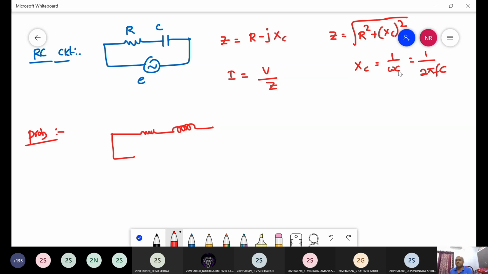The formula is 1 by omega C, which is 1 by 2 pi FC. We derived this in the pure inductor and pure capacitor topics, how XL and XC came. Take out your notes, we did the derivation there. Okay?